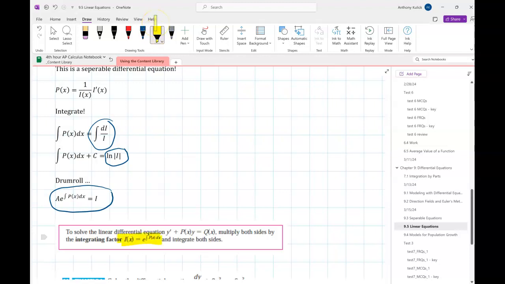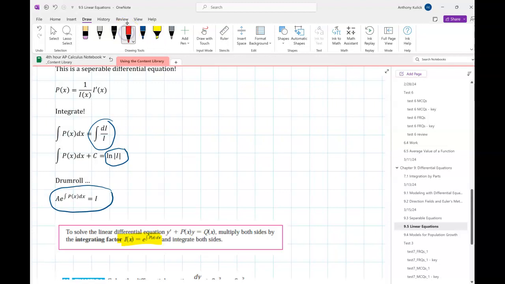That's my cheat code for doing these linear differential equations, is that I'm going to just figure out my I, which is always going to be e to the integral of p(x) dx. Then I can multiply both sides by I, condense it into a product rule derivative, integrate, divide both sides by I of x, and be done.